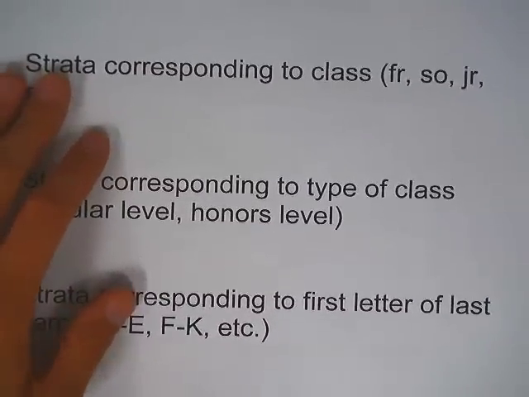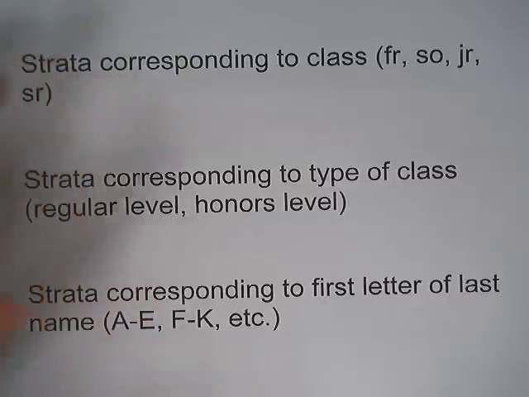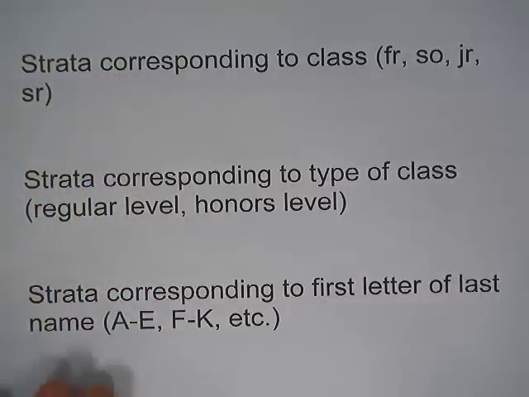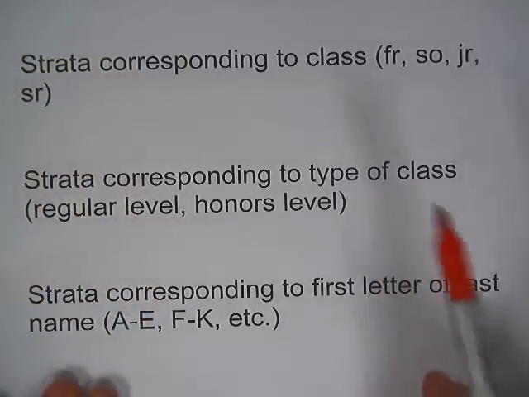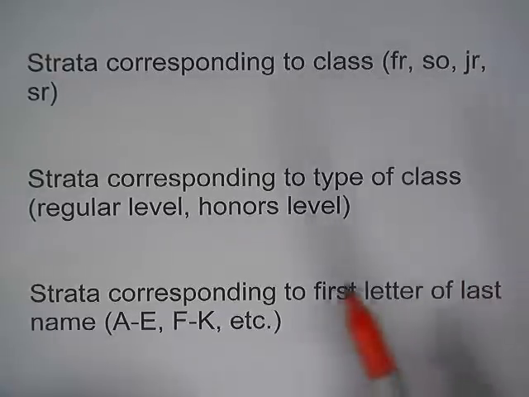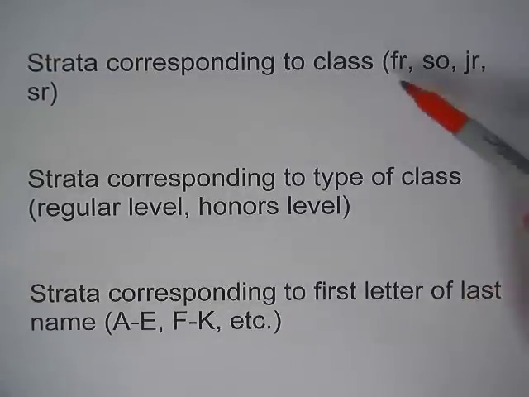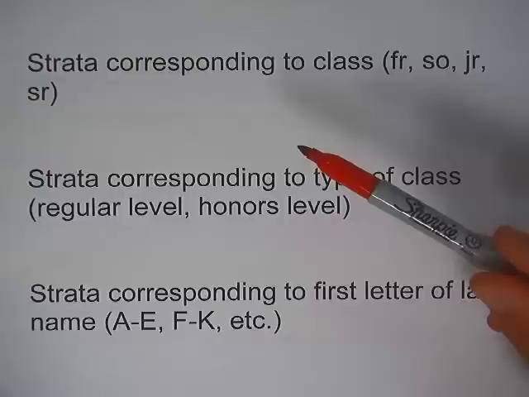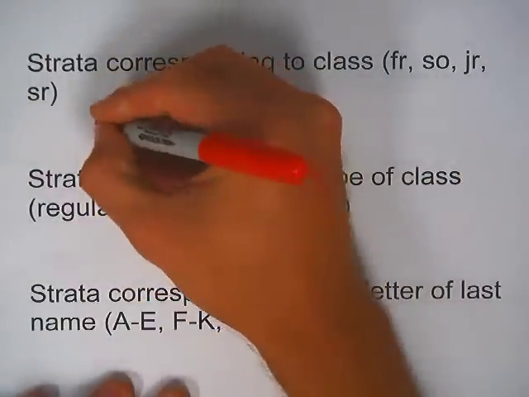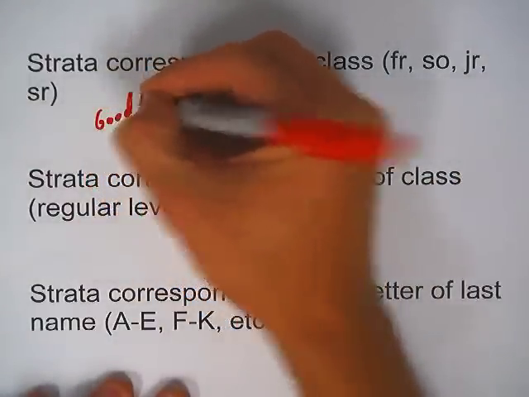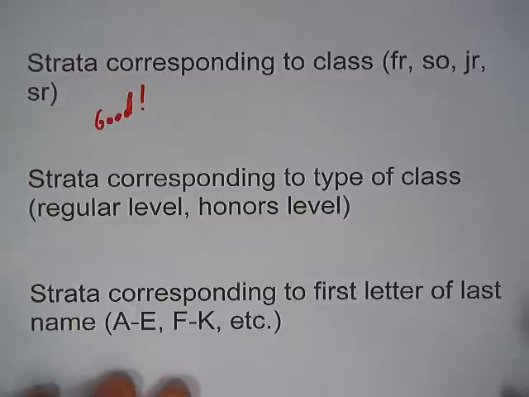So basically, does the class or the grade level affect how much homework they do, since homework is our response? I would say yes. A freshman probably doesn't do as much homework as a junior or senior. So this is a good way of stratifying.